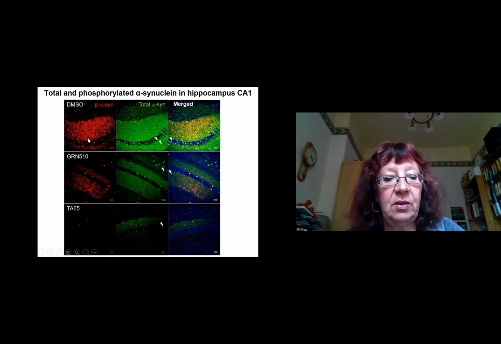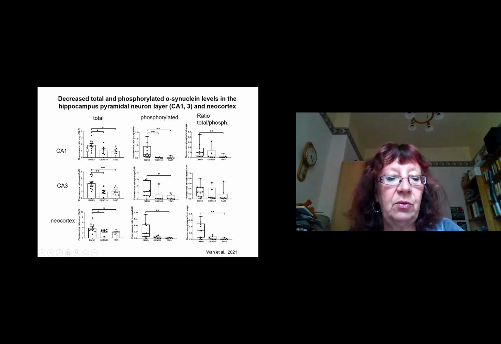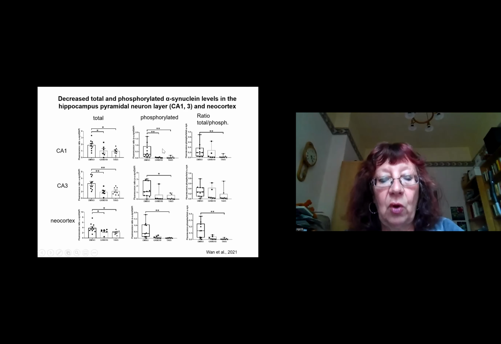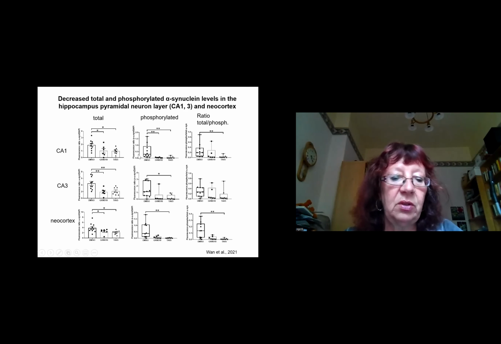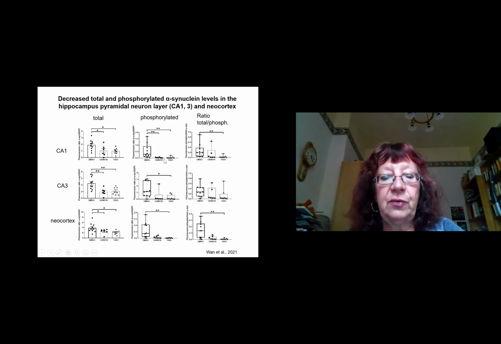And we see in the CA1 all 3 or both the total related to the DAPI staining and the phosphorylated also to the DAPI staining. But then we said if you have less total, you can also phosphorylate less. So we also got a ratio between the total and the phosphorylated.